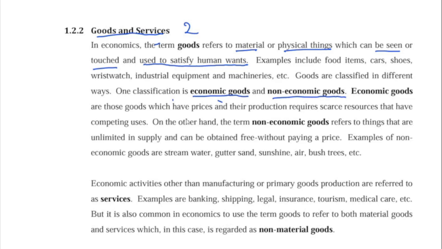Now coming down to examples of non-economic goods, you have water, stream water, you have gutter sand, you have sunshine, you have air. A lot of examples. Just think of something that you don't pay for, that you get. That's what non-economic goods means. And when I say you don't pay for, I'm not saying another person paid for it, because they are two different things.